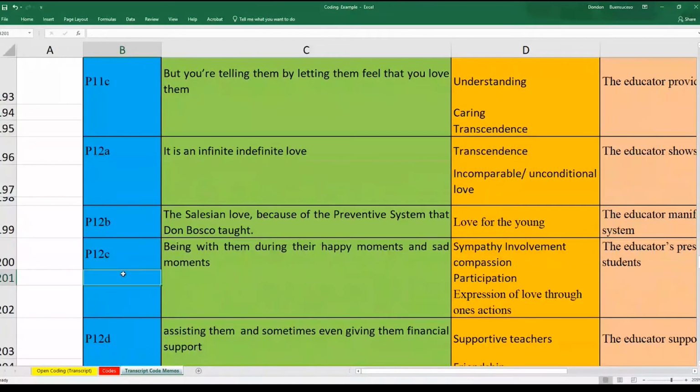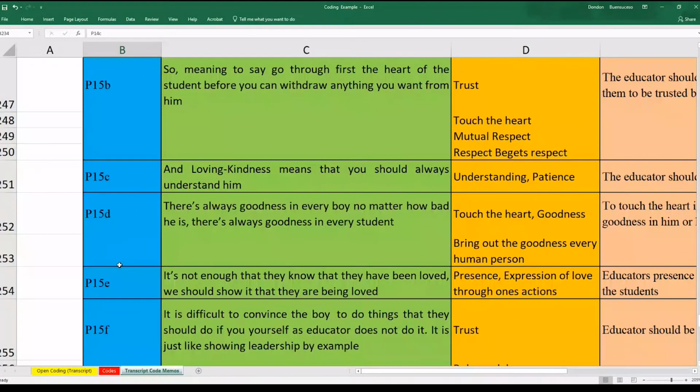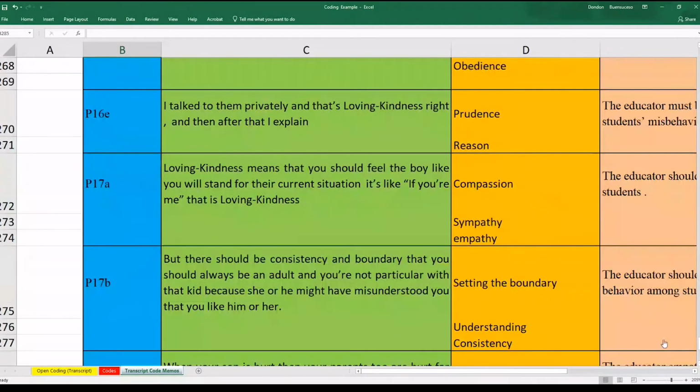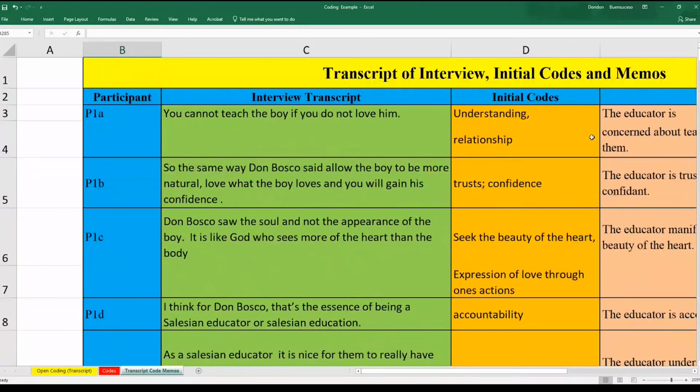This is actually what I did when I was writing my dissertation, grounded theory, and then I used the constant comparison method. 14, 16, 17. Imagine I had to interview 17 participants before reaching the saturation point in the Philippines, in a Philippine northern province. And then these are the initial codes.